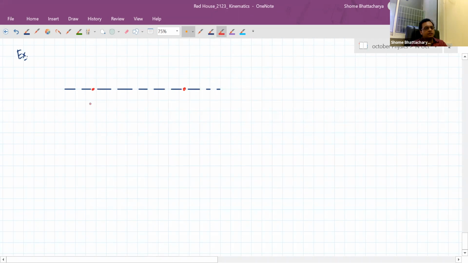So now let's say we have a situation like this, that A and B, at the given instant of time, have velocities which are like this. Somewhat like the example we were talking about earlier.